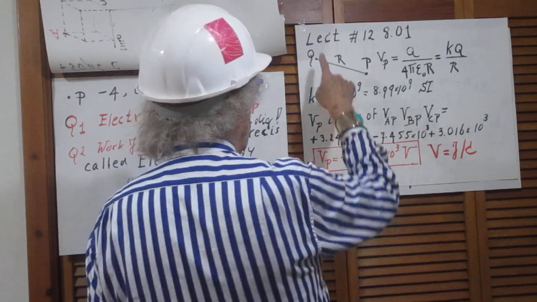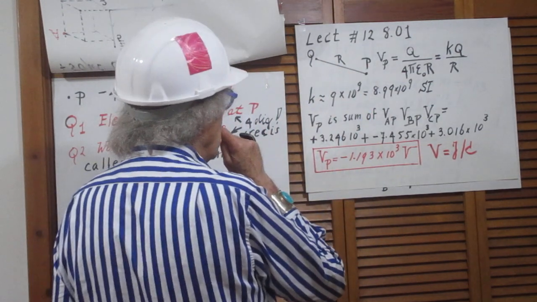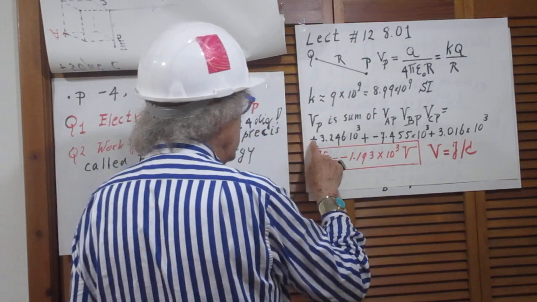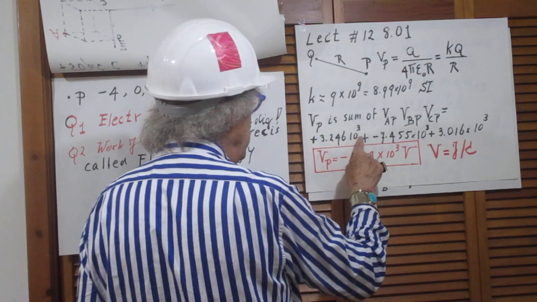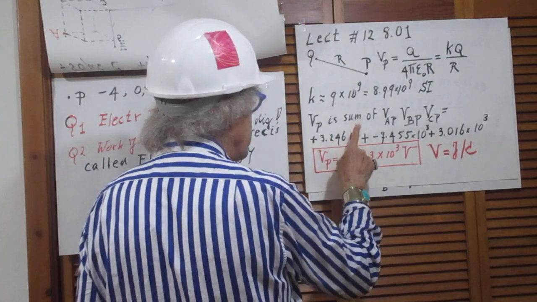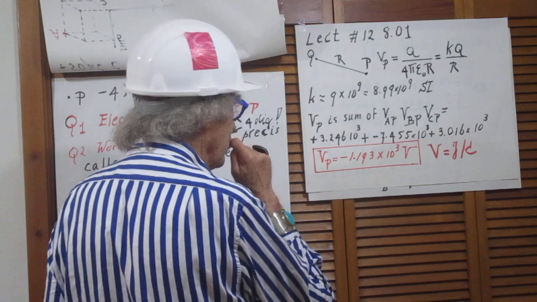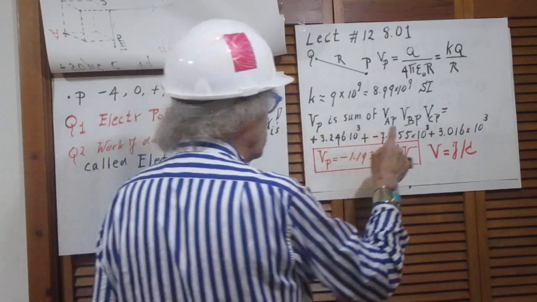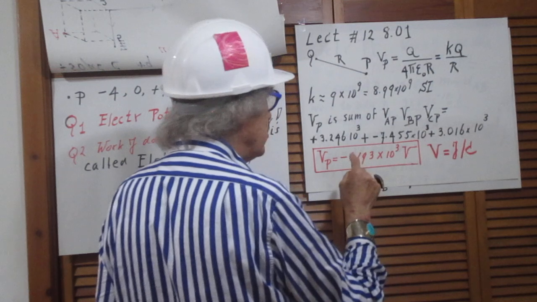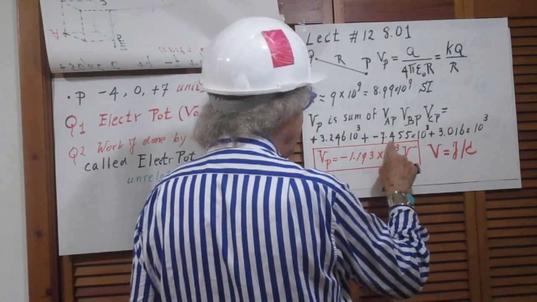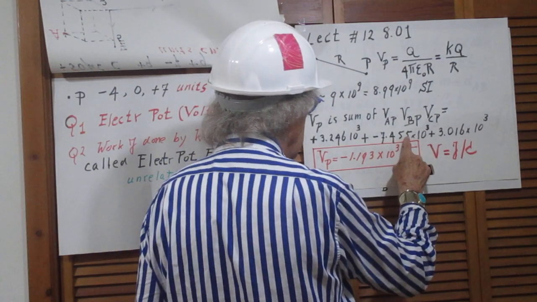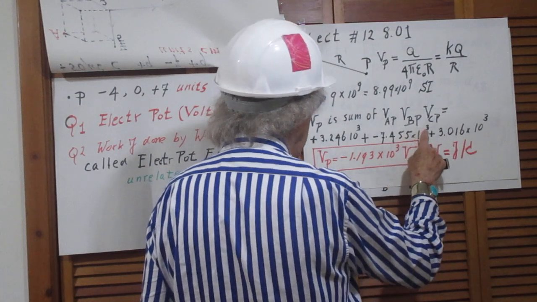The potential that the charge at point A produces at point P is 3.246 times 10 to the 3rd volts. The potential that the charge at B produces at P is -7.455 times 10 to the 3rd volts.